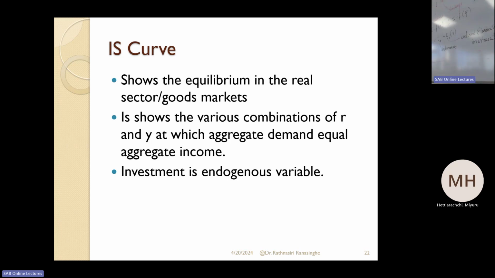Now, when you talk about the real sector equilibrium, it satisfies all of these: aggregate demand equals aggregate supply, injection equals withdrawal. So when you form the IS curve, we can assume these different forms. We can derive the IS curve based on a simple economy, a two-sector economy, an open economy, and so on.